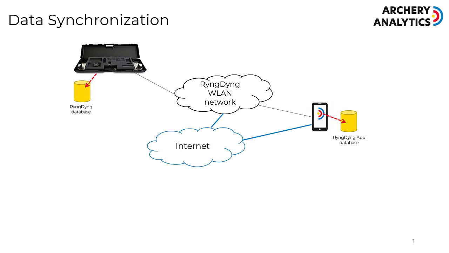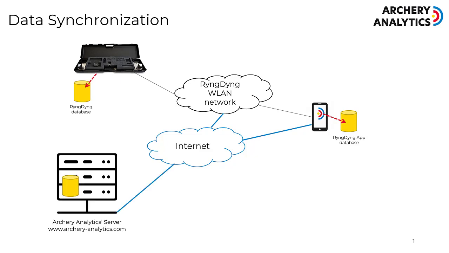Now, your app also can access the internet, either through a bridge in the wireless LAN network of RyngDyng or directly using mobile data transmission. And in the internet, there's also the Archery Analytics Server. And you can have an account there, your own account.